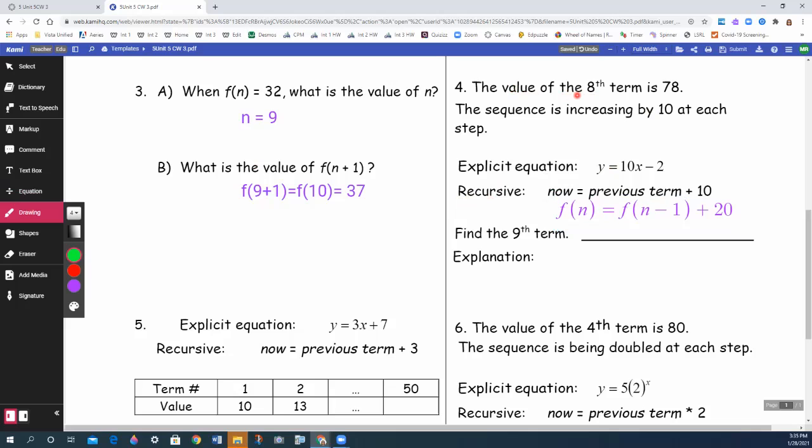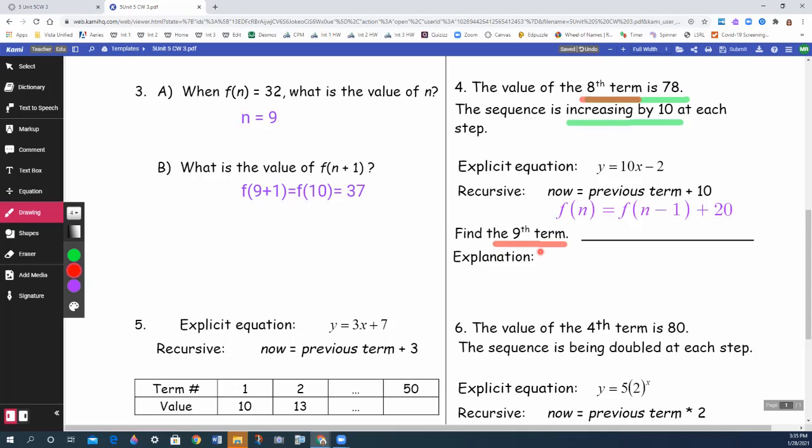Okay, so let me just kind of highlight this. 8th term is 78. And we know we're increasing by 10. So I know my 8th term is 78, and I know I'm basically adding 10. So should I use my explicit equation to find the term they want, or the recursive equation? Now, what they want is the 9th term, and I knew the 8th term.